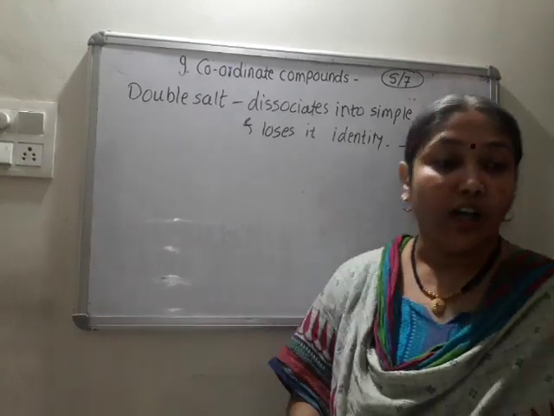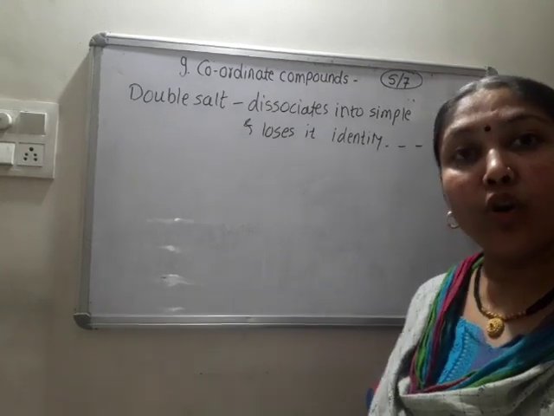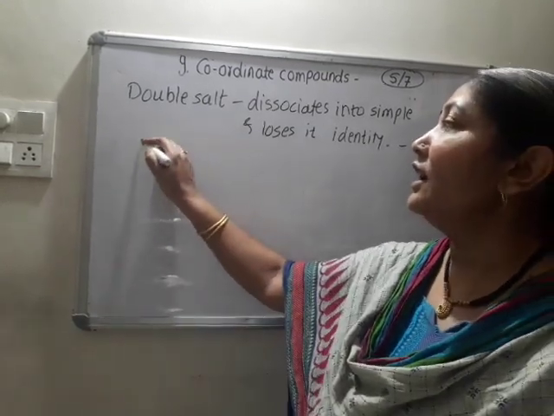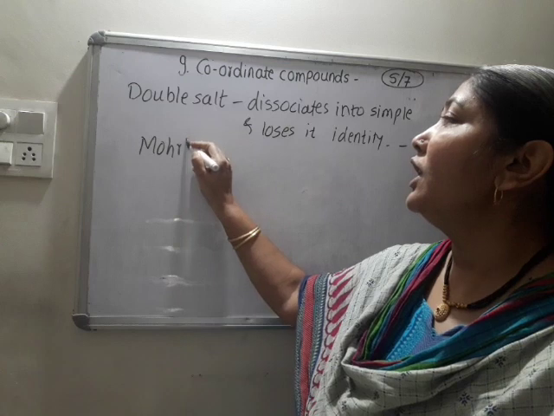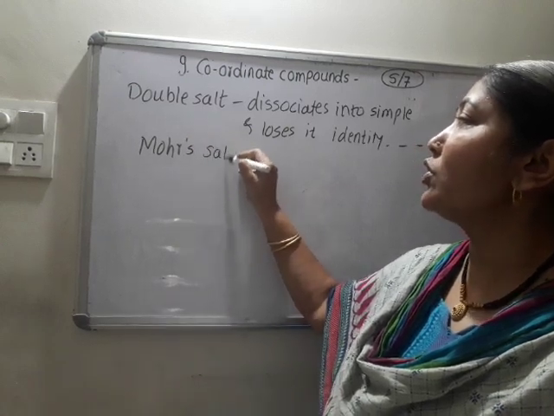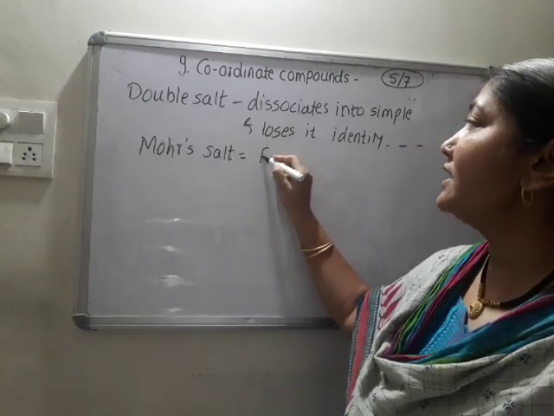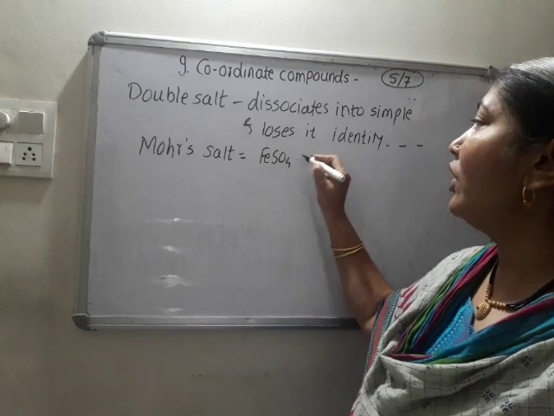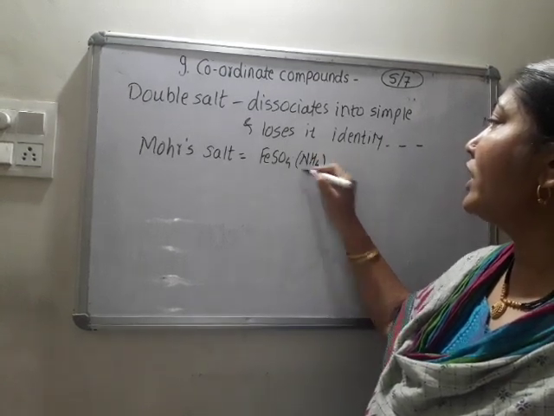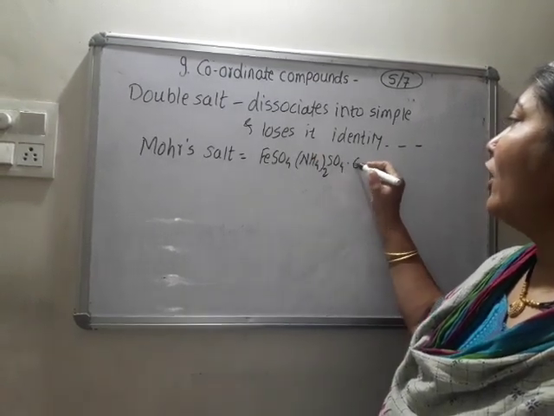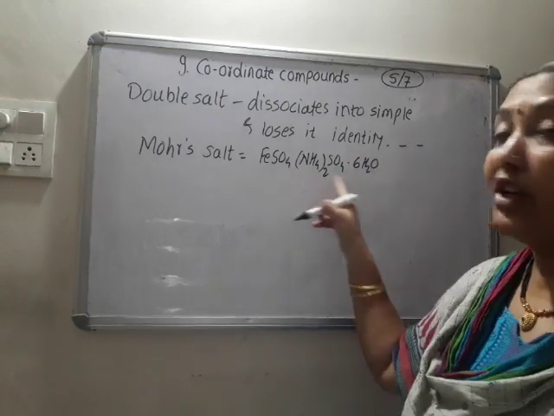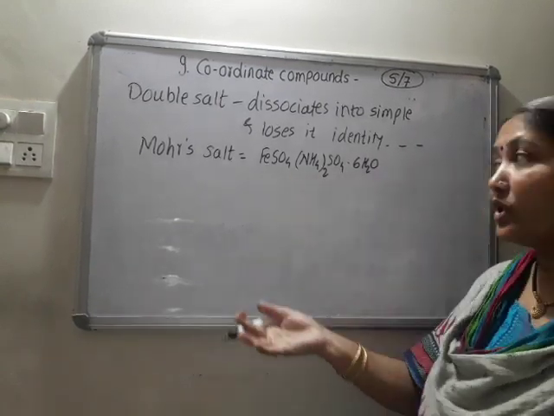You know double salt, that is Mohr's salt, also called FAS. That is FeSO4.(NH4)2SO4.6H2O. Let us show its dissociation also.